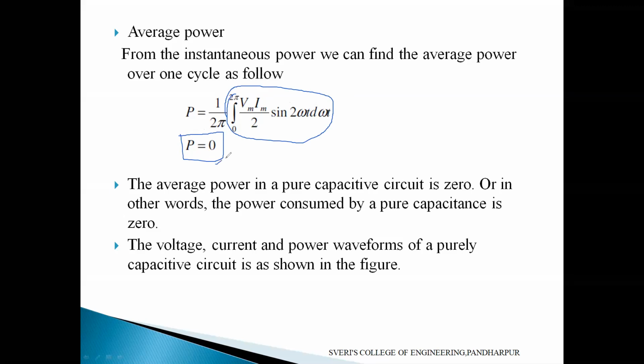Equation is over. The average power in a pure capacitive circuit is 0.